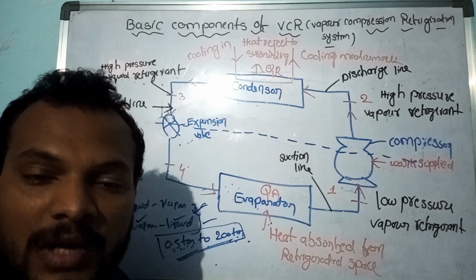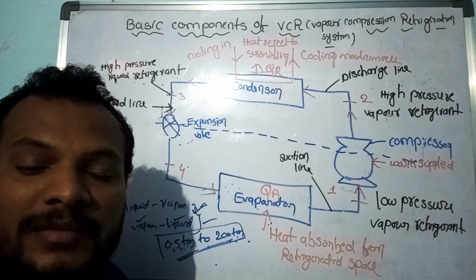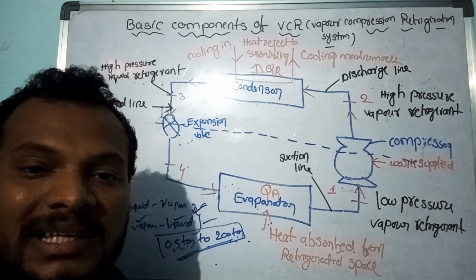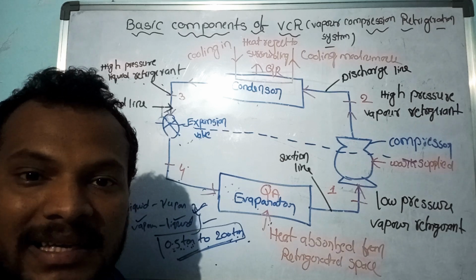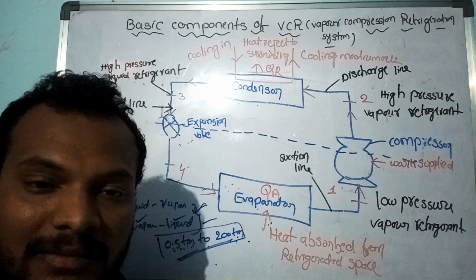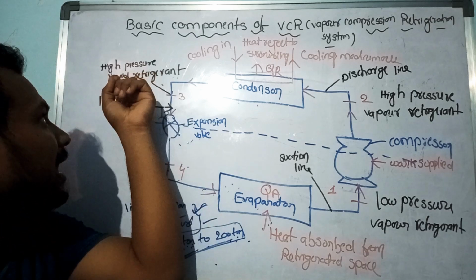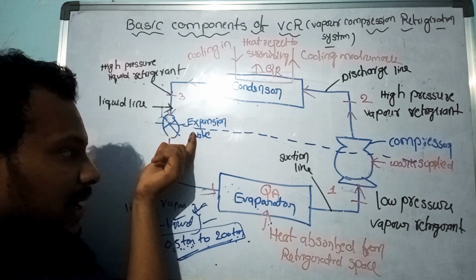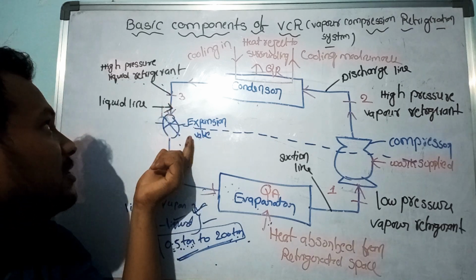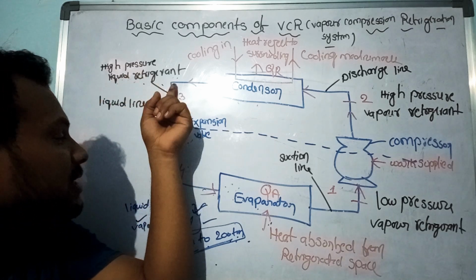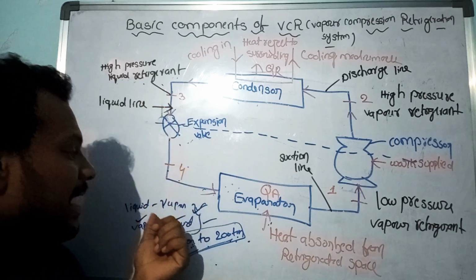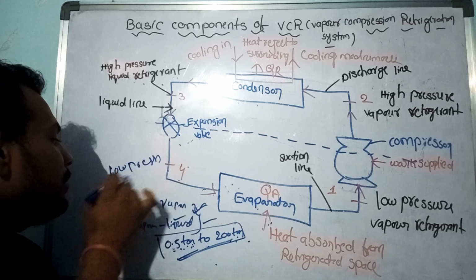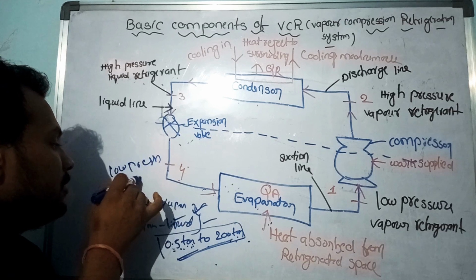The purpose of the expansion valve is to decrease the pressure of the liquid refrigerant. The high pressure liquid refrigerant enters the expansion valve, and in the expansion valve it is converted into a low pressure liquid refrigerant.